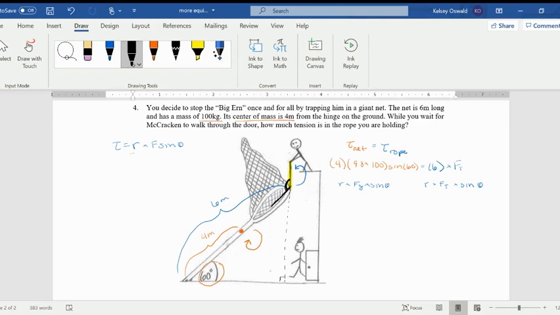So if we wanted to find this angle right here, we could do 180 minus the 60 degrees in that bottom angle minus the 90 degrees from our right angle. That means our top angle has to be 30 degrees. So we know the top angle of this triangle has to be 30.